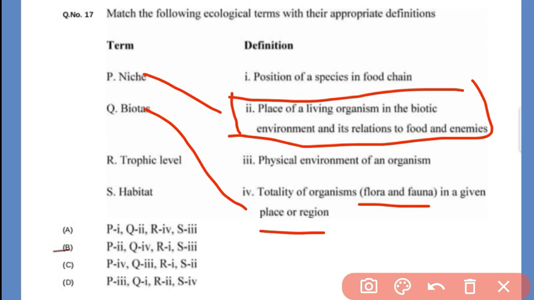Then the trophic level. The trophic level is the position of a species in a food chain. Then habitat. The habitat is the physical environment of the organism. So this combination is in option B. Option B is the answer to this question.